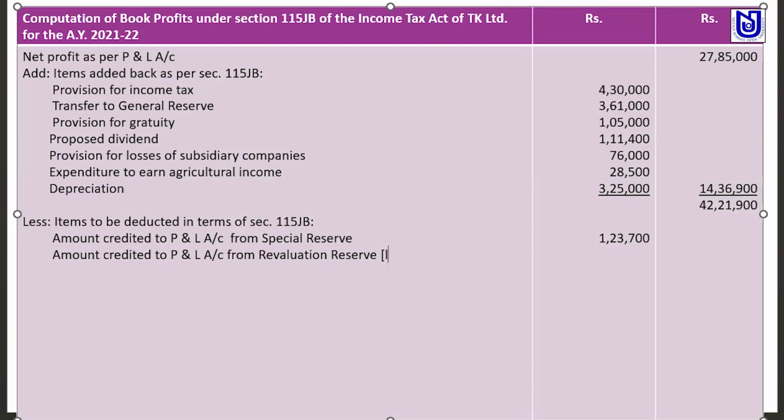So what is the figure? It is 1,23,000. You see once again here in the problem, page number 20, item B, second item: amount credited to P&L from revaluation reserve 1,45,000, but your depreciation on revaluation is 1,23,000. So the amount to be deducted to the extent of depreciation is 1,23,000.